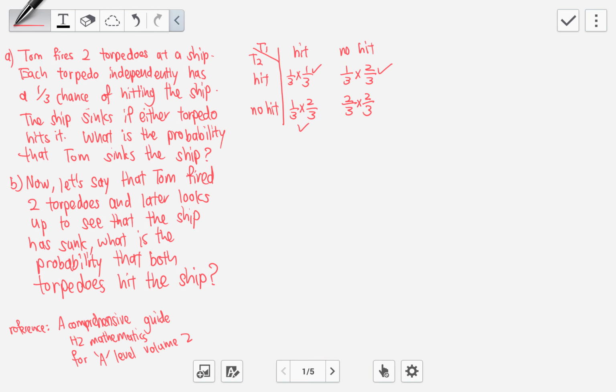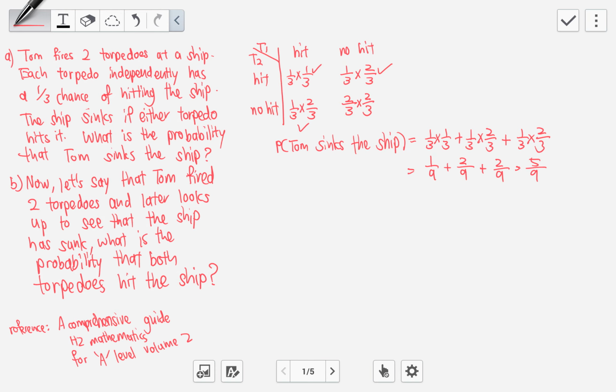So the probability that Tom sinks the ship would then be equal to 1/3 multiplied by 1/3 plus 1/3 multiplied by 2/3 plus 1/3 multiplied by 2/3, and that will give you 1/9 plus 2/9 plus 2/9. Altogether that is 5/9. That's the probability that Tom sinks the ship.